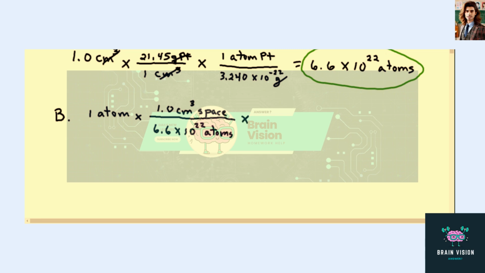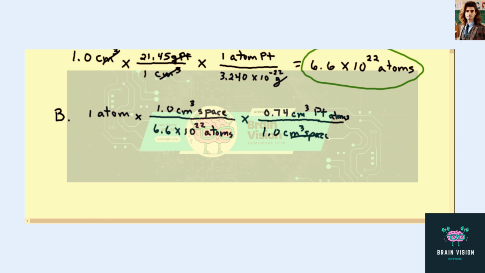But hold on, we know that atoms are spherical, so there's empty space in there. In fact, we know that for every cubic centimeter of space, only 0.74 cubic centimeters are taken up by the platinum atoms, because they told us only 74%. So 0.74 of 1 is 74%.